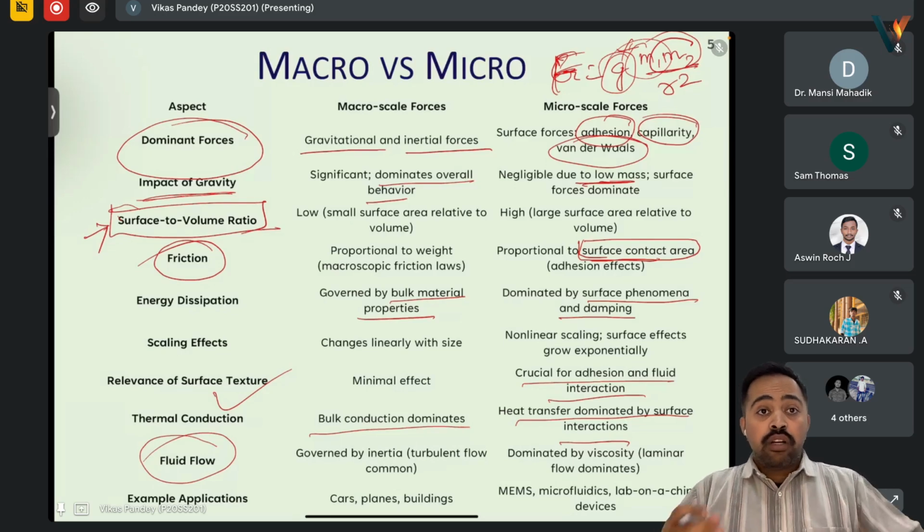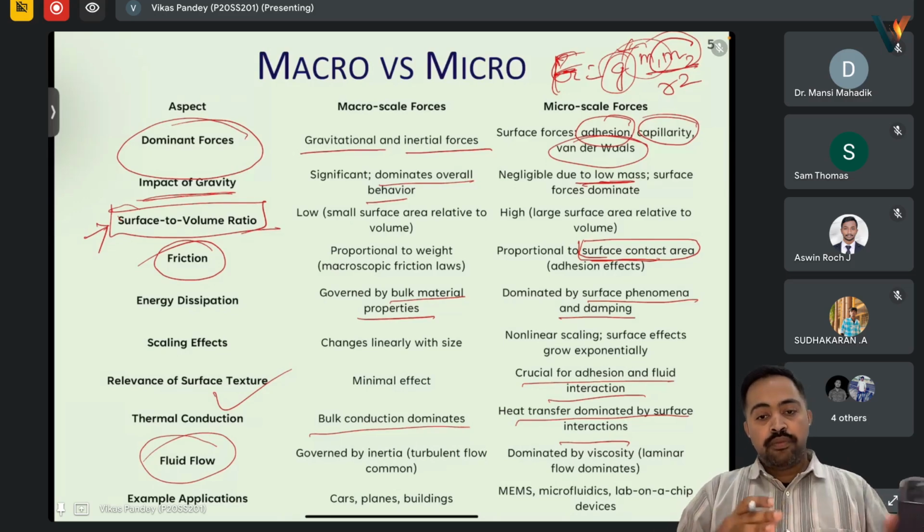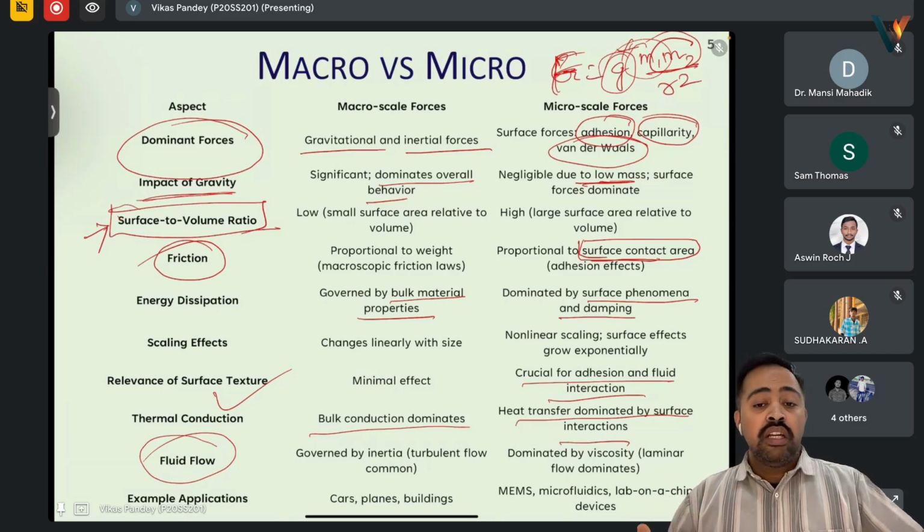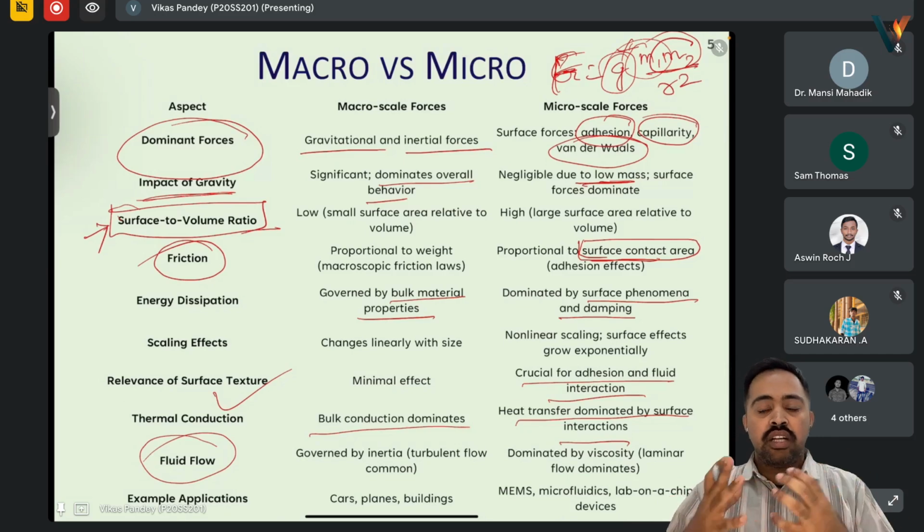But when we are talking about microfluidics or micro devices, it is very much laminar, and inertia and gravity are not dominant and will not affect our devices much.